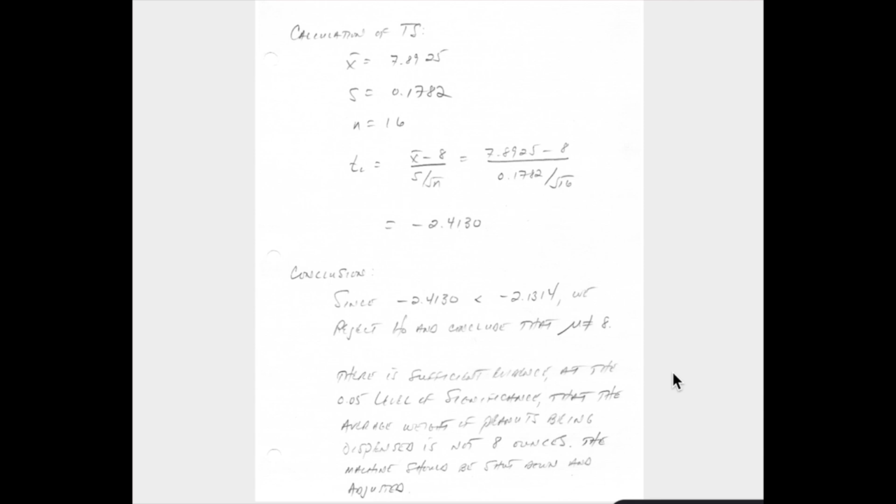And we'll see why in just a second. Since we're using a 0.05 level of significance, we would say that there is sufficient evidence at that 0.05 level of significance to conclude that the null hypothesis is not true. In other words, that the average or mean weight of peanuts being dispensed is not equal to 8 ounces.